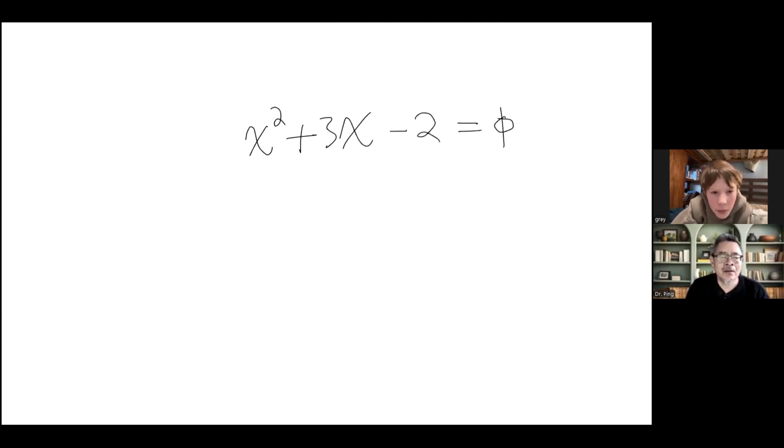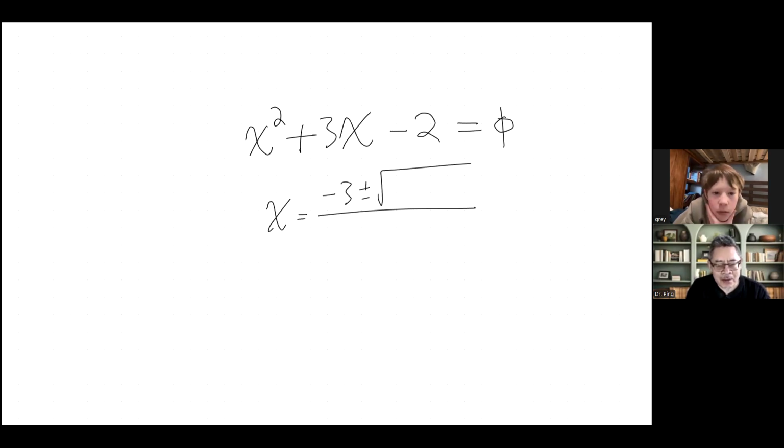plus 3x minus 2. Now this one you won't be able to get a rational result. So let's see what kind of result we got. We got x equal to minus 3 plus minus the square root of 3 squared minus 4 times 1 times negative 2, and 2 times 1.